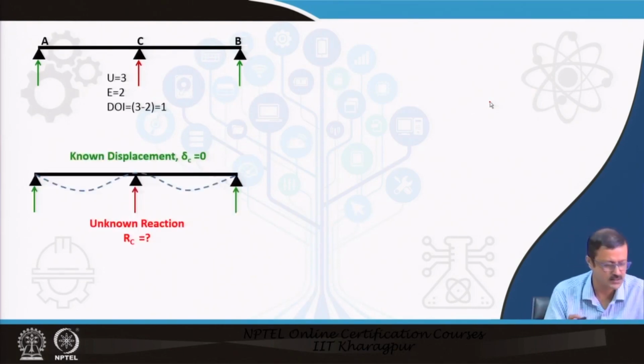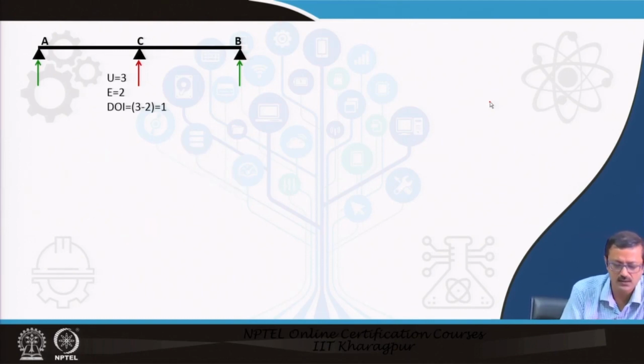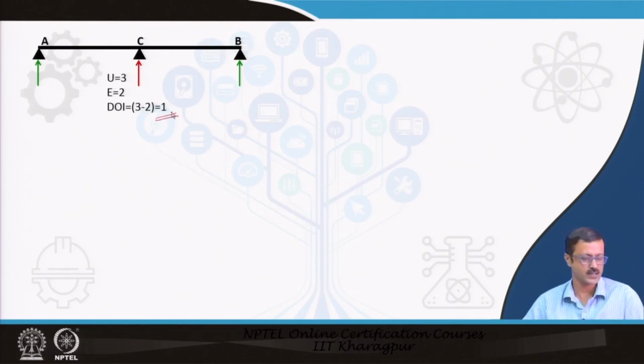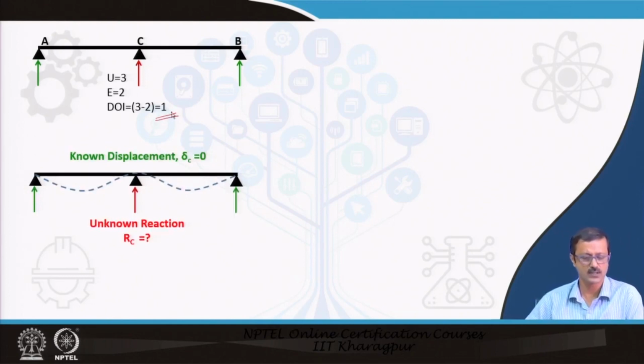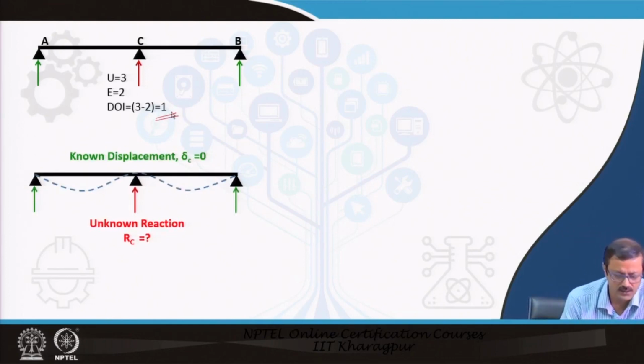This particular structure has 3 unknowns and 2 equations. So, the degree of indeterminacy is 1. So, you have to find one such equation. I know this is the deflection; if the beam is under load, the beam will deflect like this. So, there are unknown reactions. Suppose RC is the unknown, because out of these 3 reactions I know only one is the unknown.